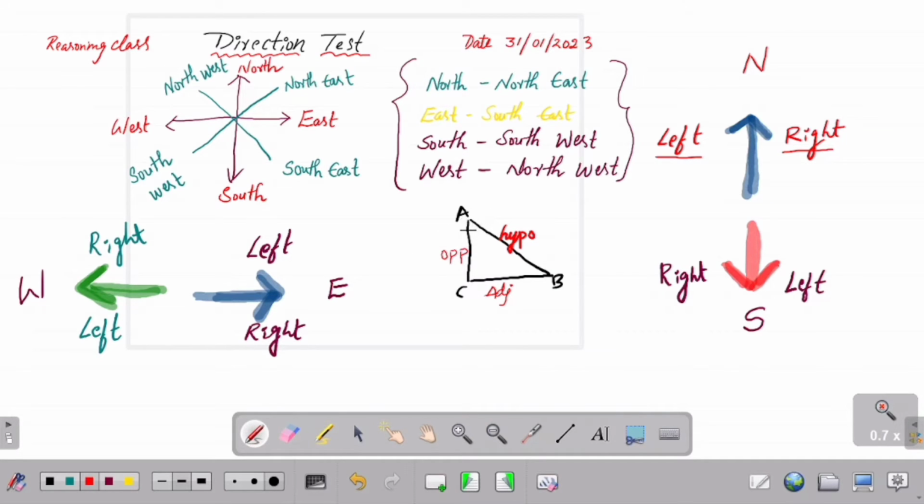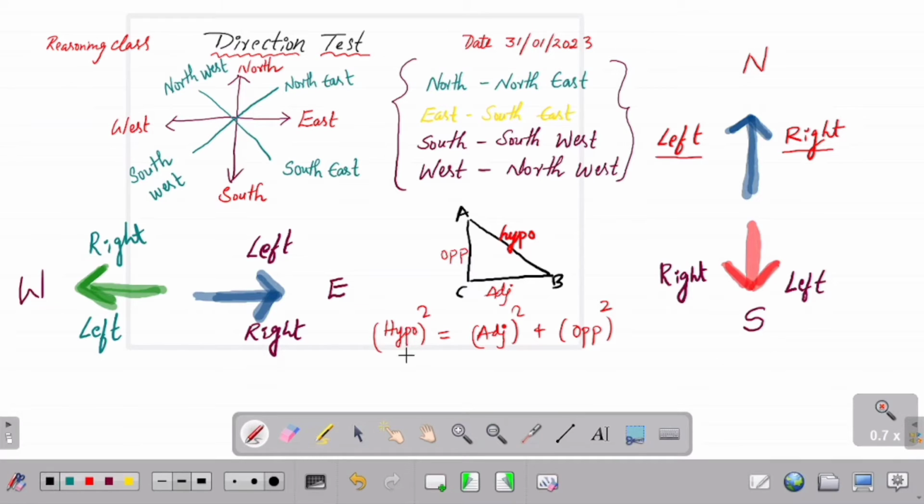Pythagoras theorem: hypotenuse square equals adjacent side square plus opposite side square. In terms of ABC, the hypotenuse is AB, so AB square equals BC square plus AC square, where BC is adjacent and AC is opposite. It is very simple.